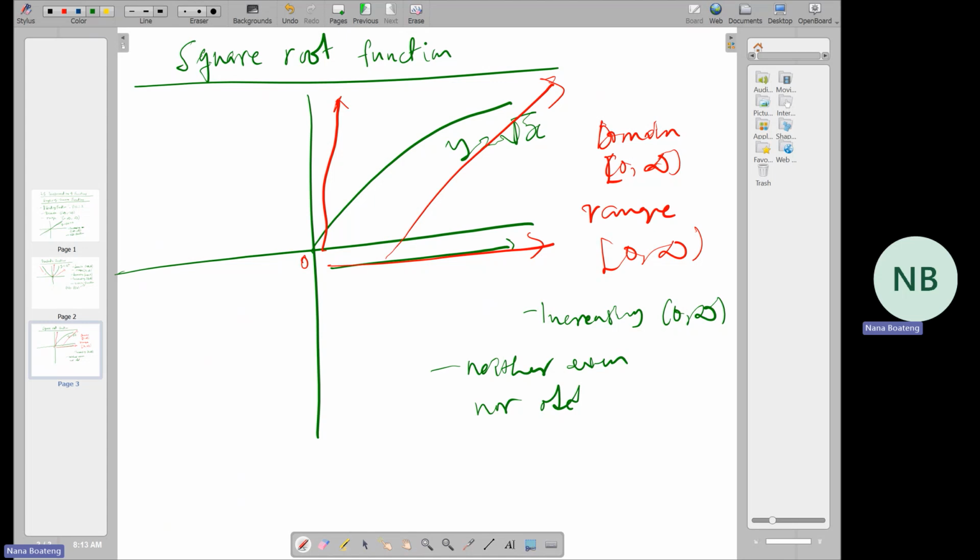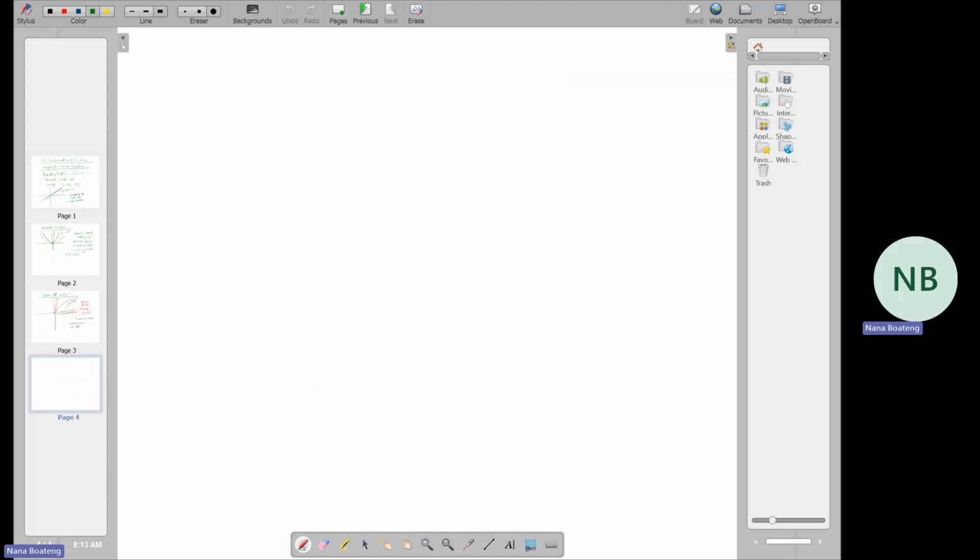Let's look at another one, which is the standard cubic function. Let's first graph it.